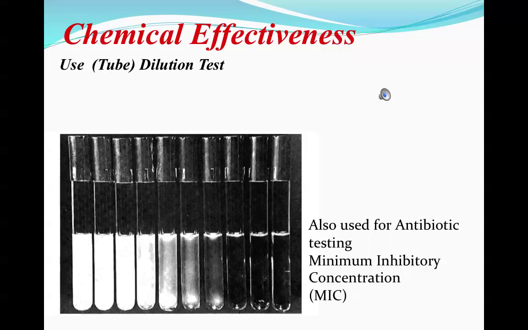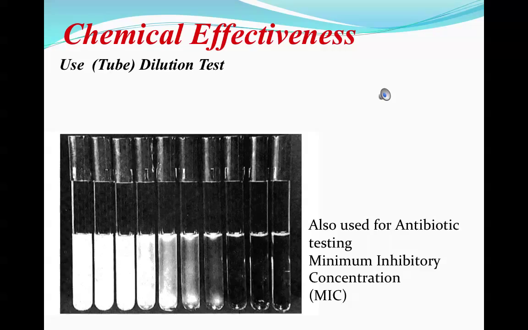It has less disinfectant or antiseptic than the first test tube, which has the most, and that would be the concentration that we would call the minimum inhibitory concentration, or MIC. That's as low as we could go, diluting our antiseptic or disinfectant, and still get a killing effect that gave us no visible growth.